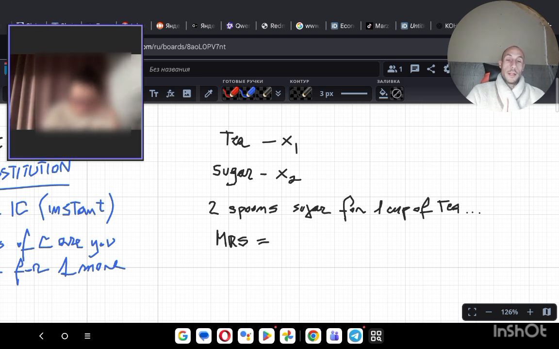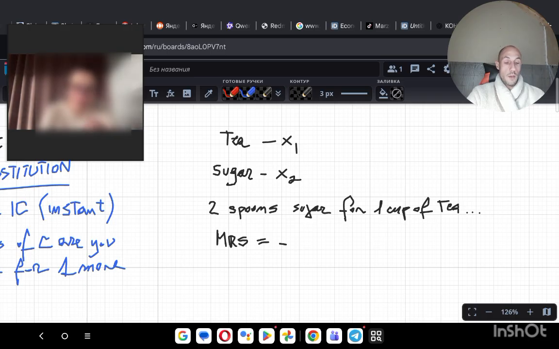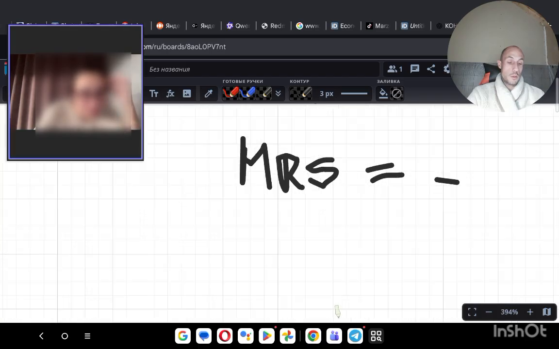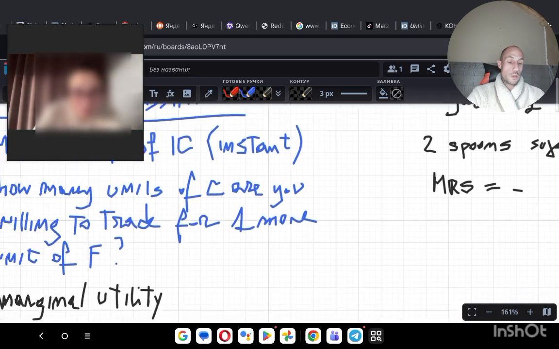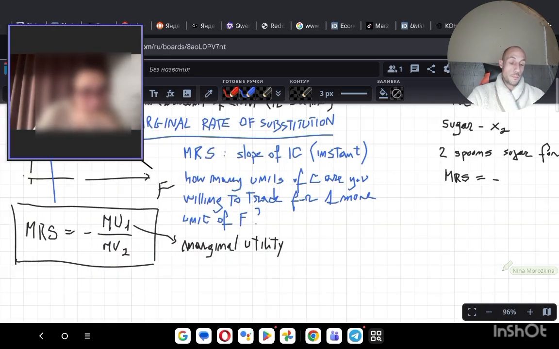Let me explain. Negative, because the indifference curve is downward sloping. If it was upward sloping, what would that mean?